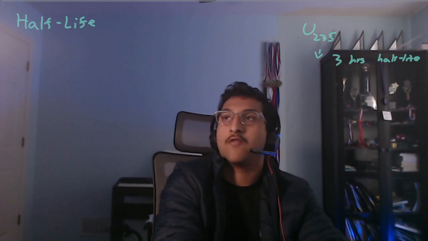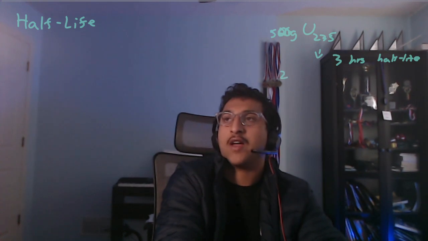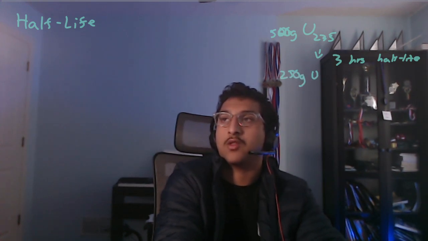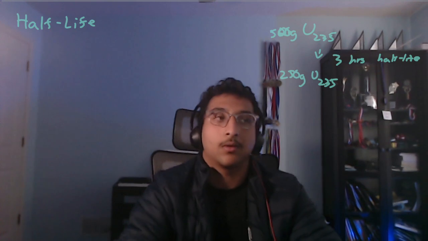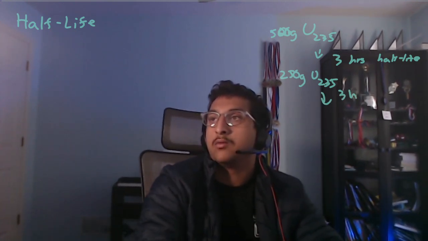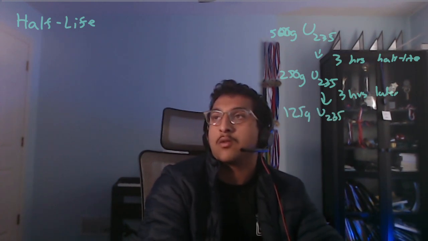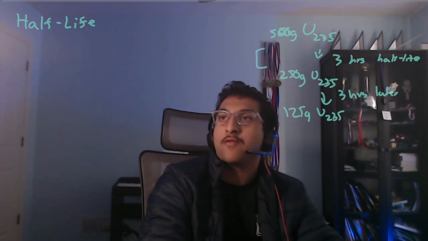So if that's 500 grams initially, that means 3 hours later you'll only have half as much, which is 250 grams of uranium. And then another 3 hours pass, we'll only have 125 grams of uranium-235. So this is your first half-life, and this is your second half-life.